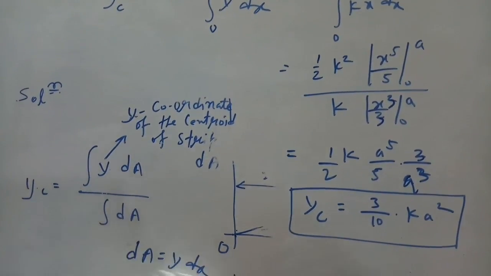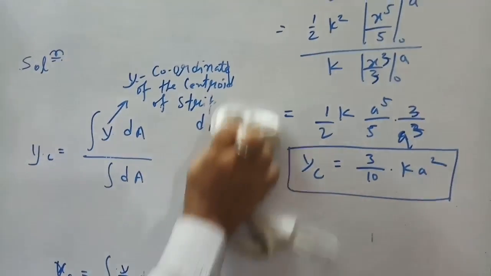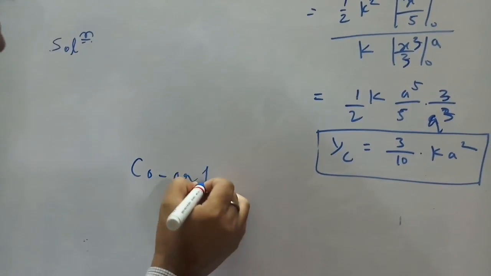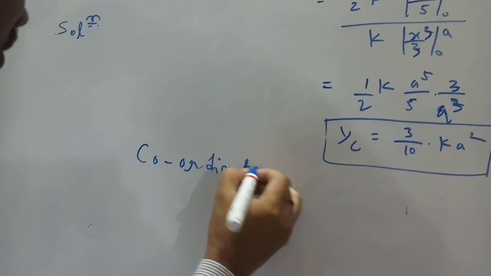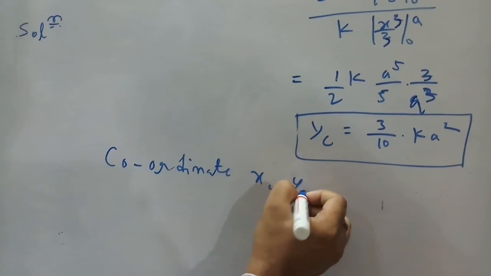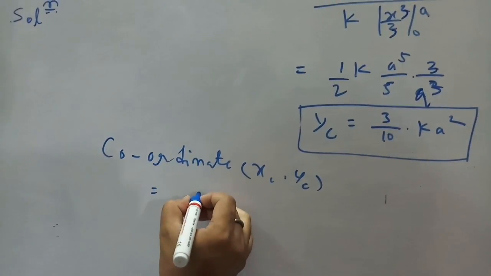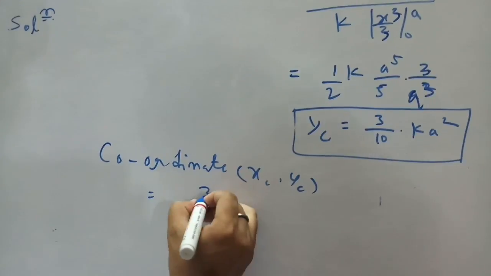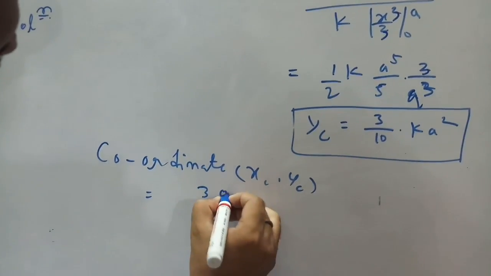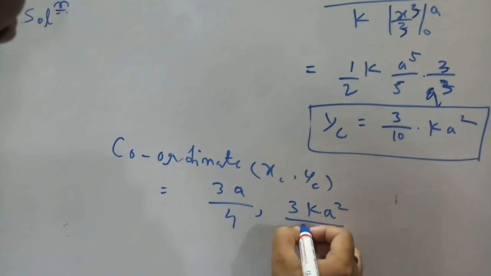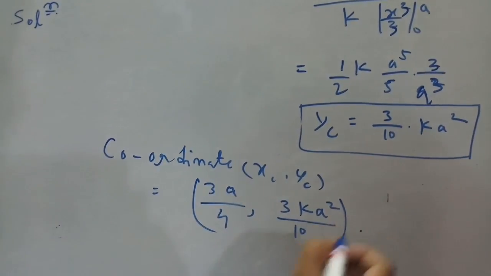Therefore the coordinate xc comma yc equals 3a by 4 comma 3k a square by 10.